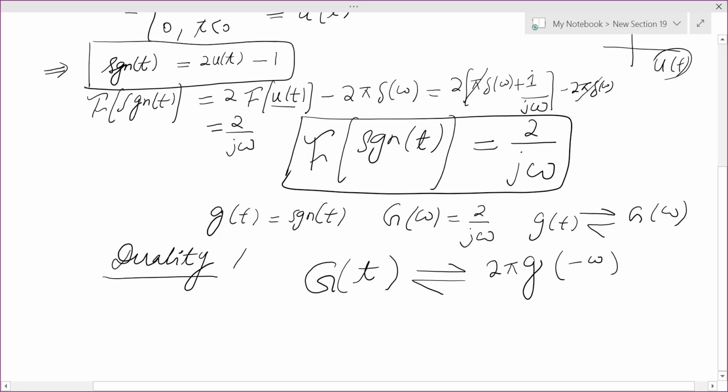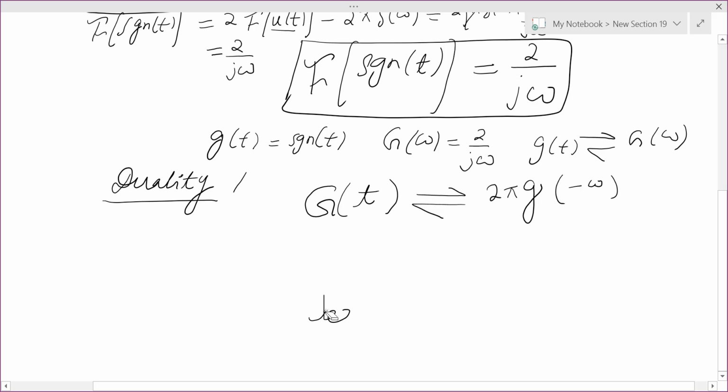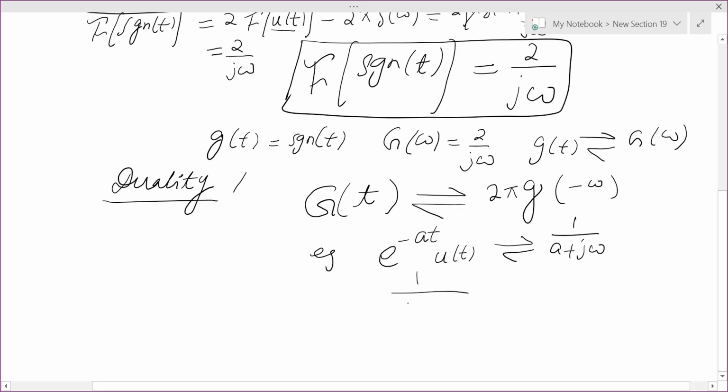As an example, you know that e to the power minus at u of t, you know its Fourier transform, that is 1 over a plus j omega. Now if you want the Fourier transform of 1 over a plus jt, what should you do?